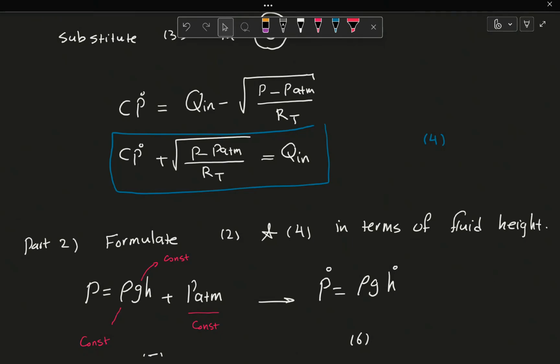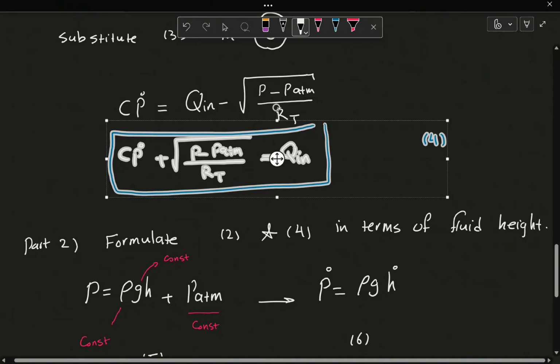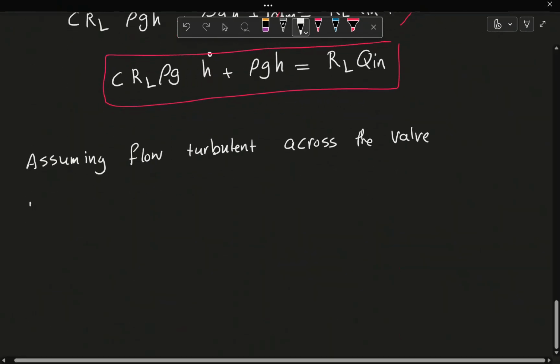Let me just copy equation 4. So by substituting 5 and 6 in equation 4, you will end up with this.